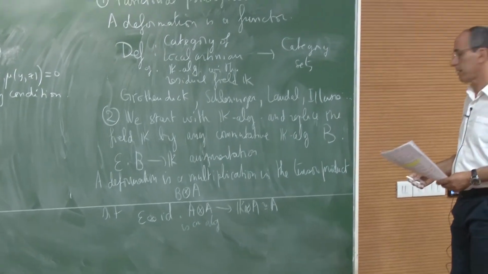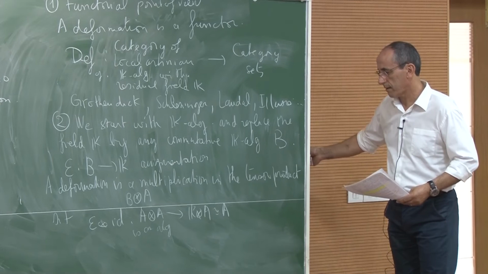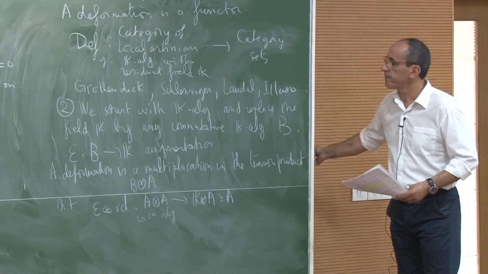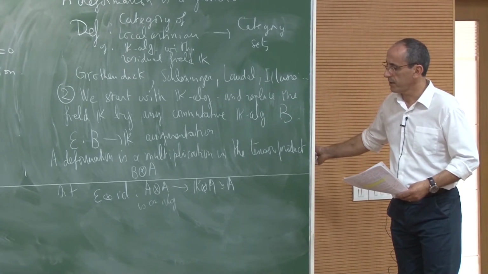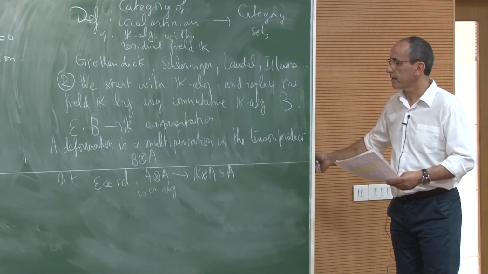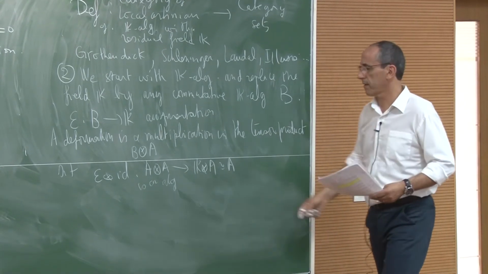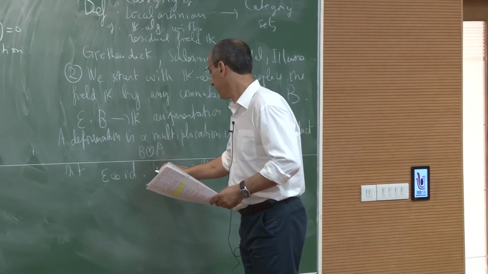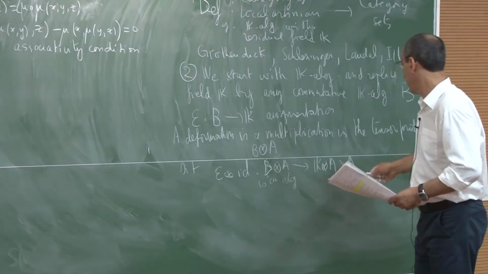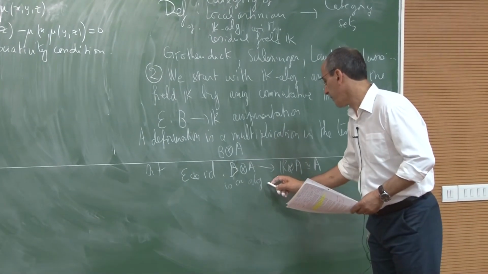So this is B tensor K actually. Yes, here is B. It is an algebra homomorphism.